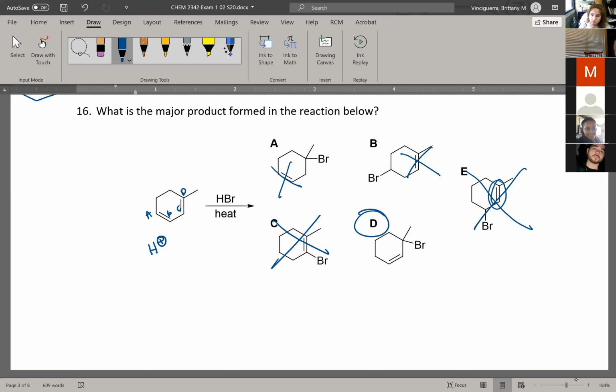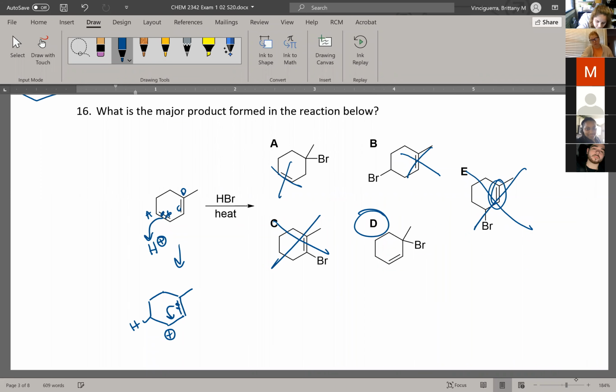D? We don't want to... no, oops, sorry. The least substituted? The least substituted. Yeah, so you could have this pi bond pick it up, to give you a substituted allylic carbocation.